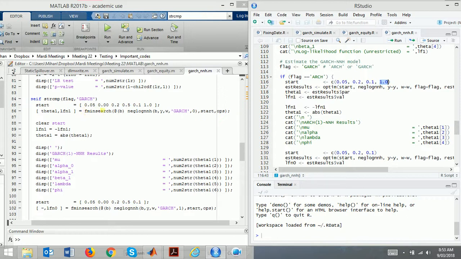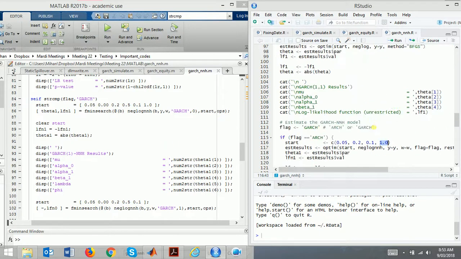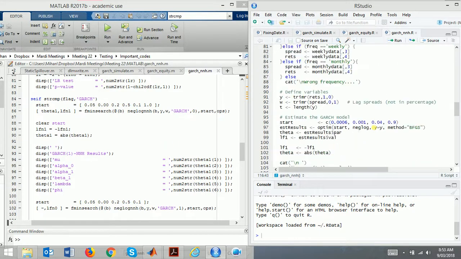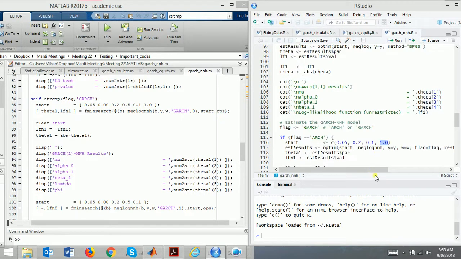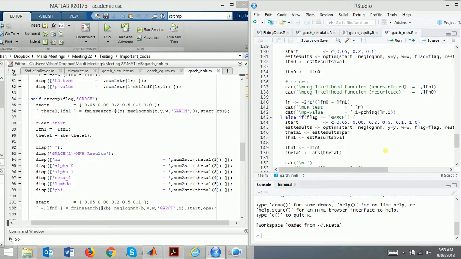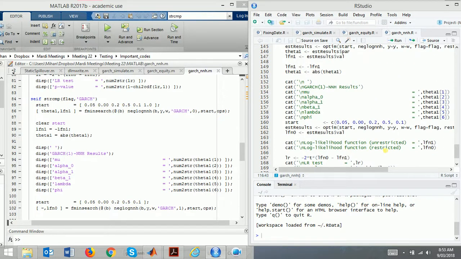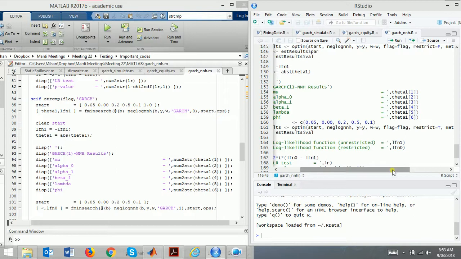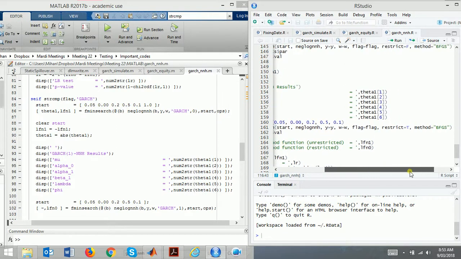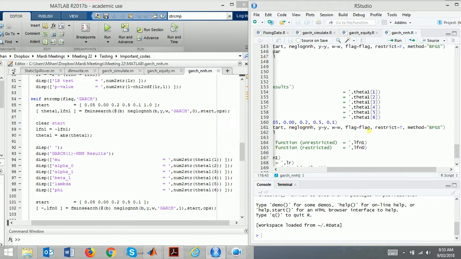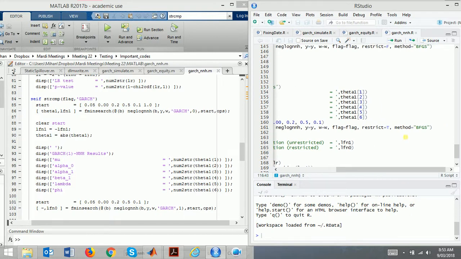With phi equals 1, 0, 0.2, 0.5, 0.1. So we have all the different parameters. I went down a bit too far. Okay, 0.2, 0.5. So restrict is true. We are restricting. I'm sorry, restrict is true, and BFGS.